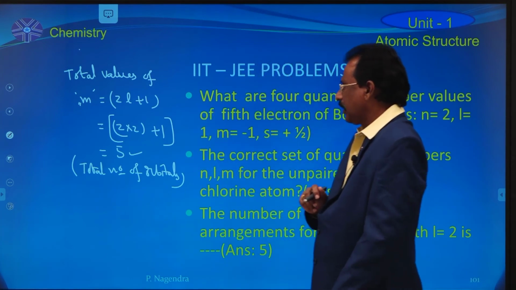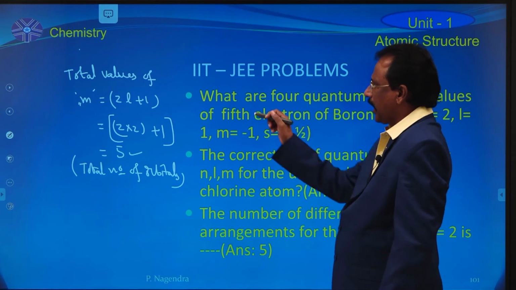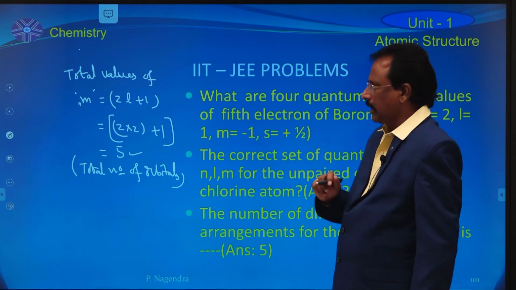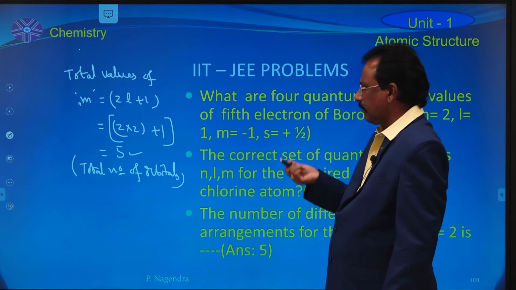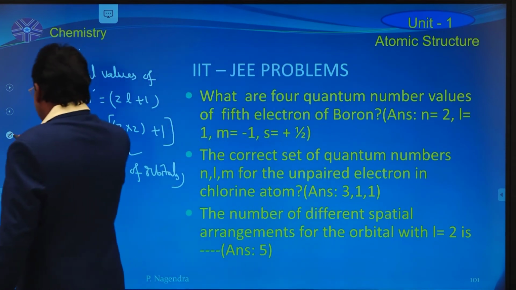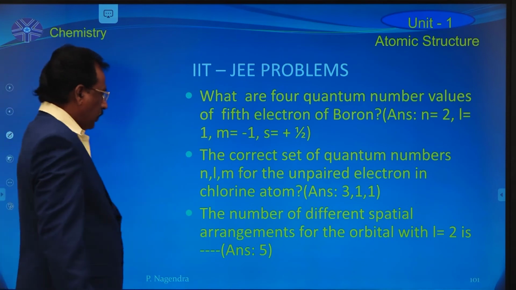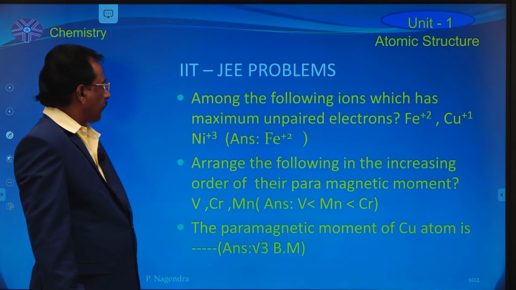That's why for the d subshell, the value of l is equal to 2. So 2 into 2 plus 1. So the total number of orbitals present in a d subshell is equal to 5.